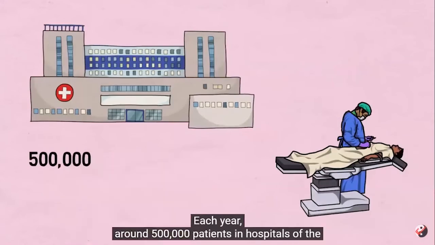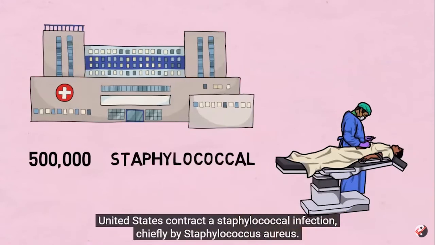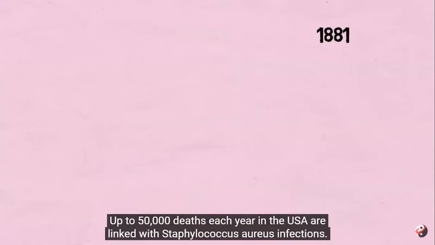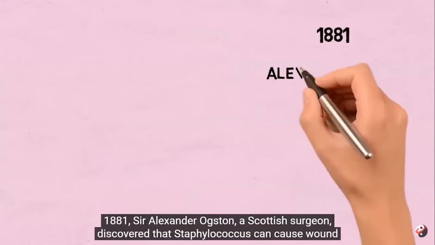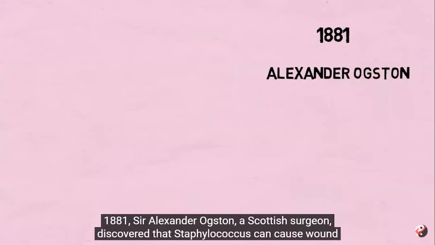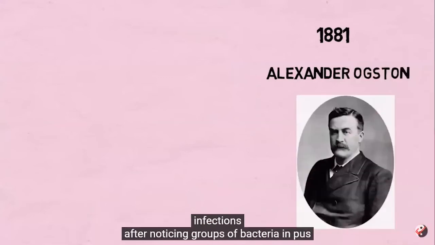It is still one of the 5 most common causes of hospital-acquired infections, and is often the cause of wound infections following surgery. Each year, around 500,000 patients in hospitals of the United States contract a staphylococcal infection, chiefly by Staphylococcus aureus. Up to 50,000 deaths each year in the USA are linked with Staphylococcus aureus infections.